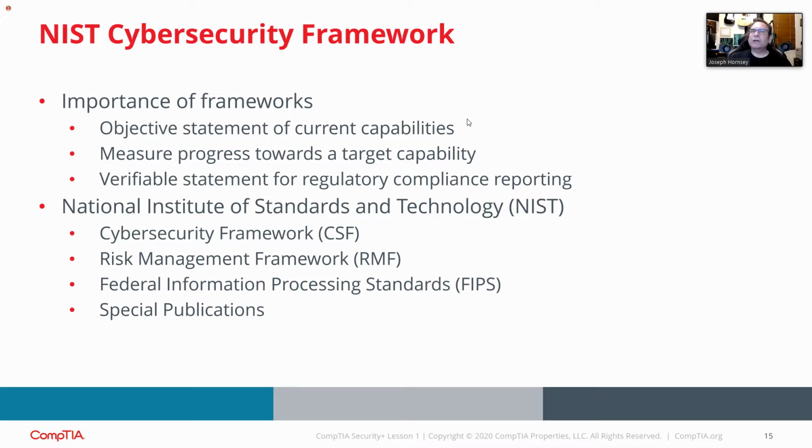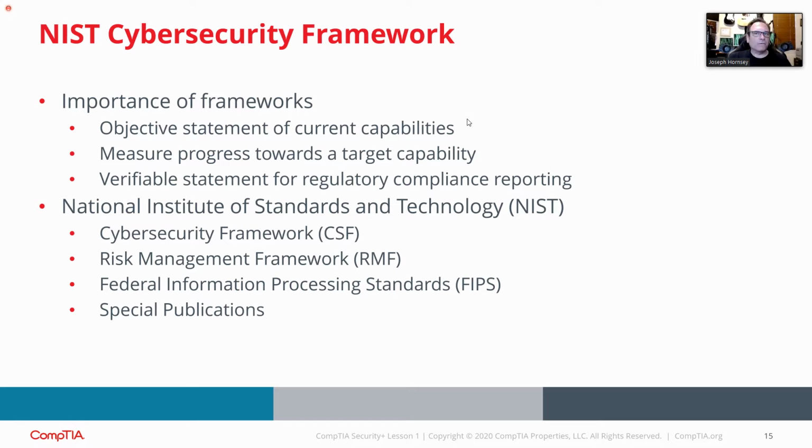You also have what's known as the NIST special publications, designated as SP followed by a number. For example, if you want to do business with the Department of Defense and be a contractor, then you're going to have to meet NIST 800-171 standards. 800-171 is the designator for a special publication, special publication 800-171.